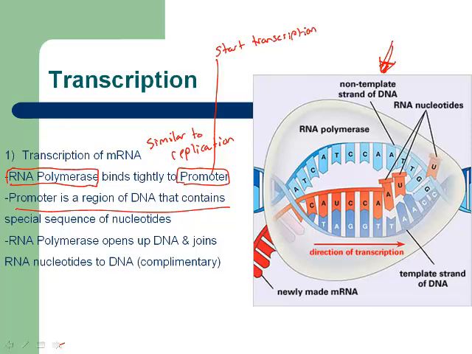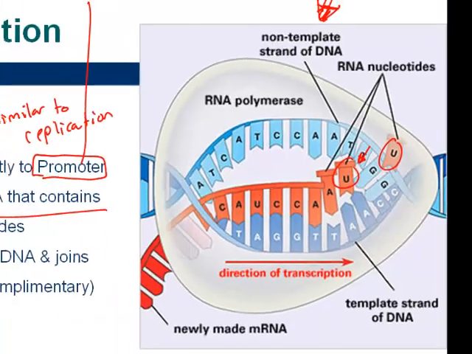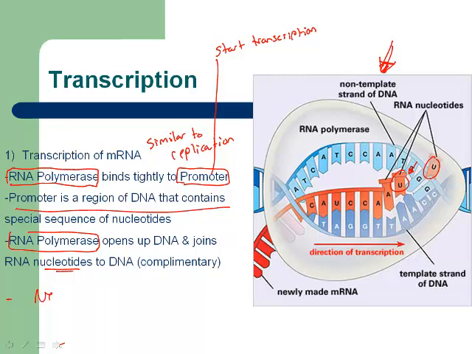Okay? And then what's going to happen, instead of DNA nucleotides, they're going to be RNA nucleotides. So you can see here's the RNA nucleotides coming to be joined in a complementary fashion with the change where uracil is used instead of thymine over here. And same thing, they're complementary. What's going to happen at the end though is this RNA strand leaves.